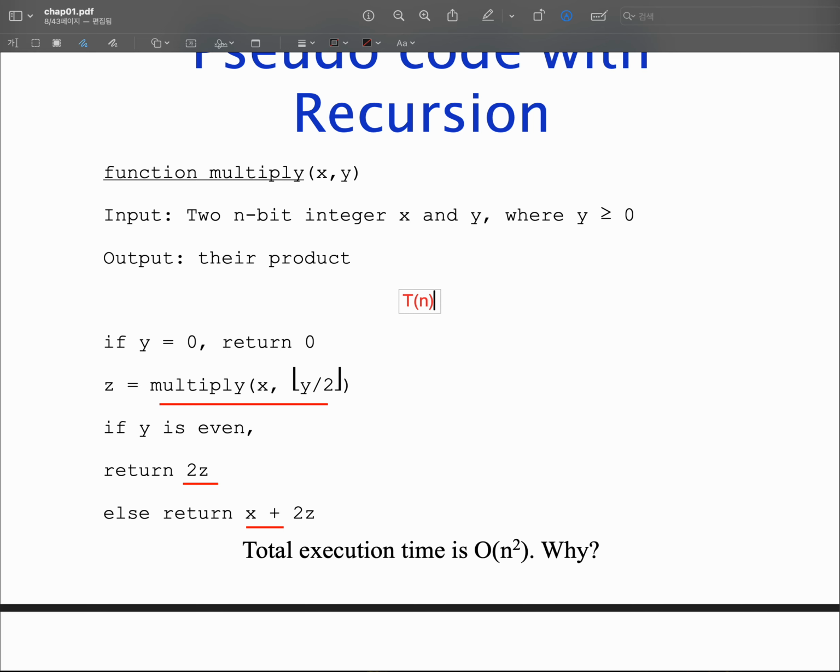Maybe we can write it in this form. Our goal is to calculate Tn. Initially, we have T and get half. Let me write it again. This guy is Tn, and our goal is to calculate Tn.